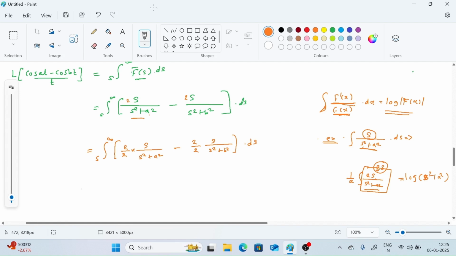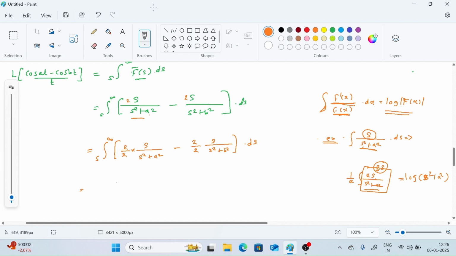Yes. So I have balanced the inside value of s upon s square plus a square by multiplying and dividing by 2. So what can I get?